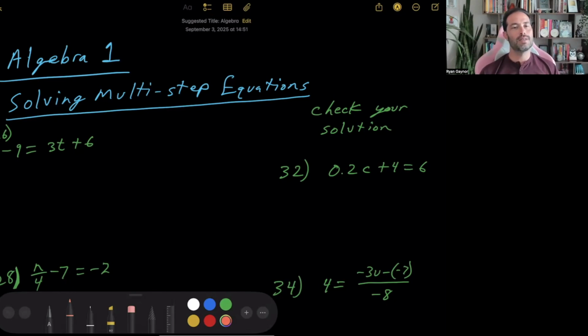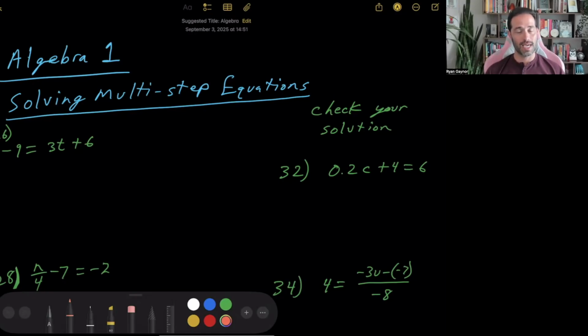So we got number 26, solving multi-step equations. This is algebra. We got a balance. So I always say, you ask yourself this question: what is happening to the variable? We have 3t, which means 3 times t, plus 6.